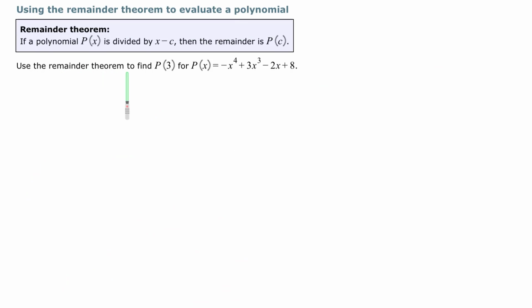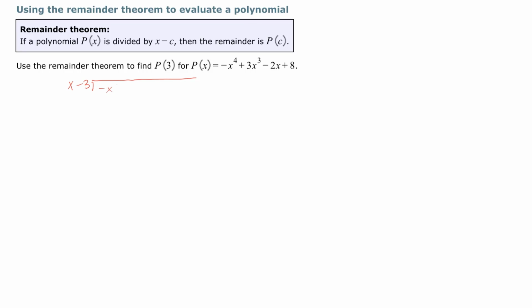Use the remainder theorem to find P of 3 for this particular P of x. Notice P of x is a degree 4 polynomial in descending order. In order to use the remainder theorem, we're going to assume that we're going to divide P of x by x minus 3. So in order to find a remainder, there's got to be a division problem.